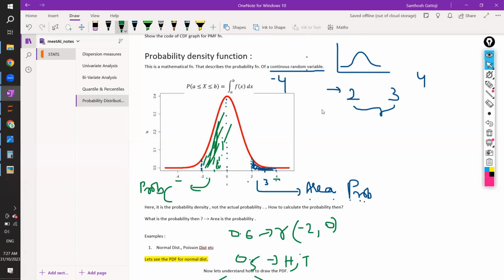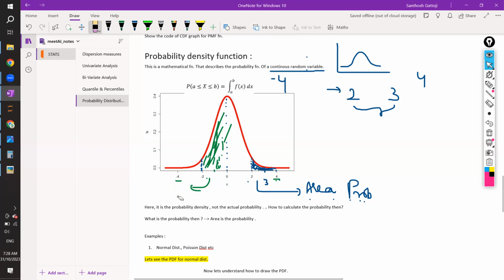Similarly, for this random variable to fall between the range -2 and 0, the probability is 0.6, and that is the area. We cannot calculate each individual value's probability because of the infinite possible values, so we take the help of the area. In a continuous variable, the area will give you the probability values.